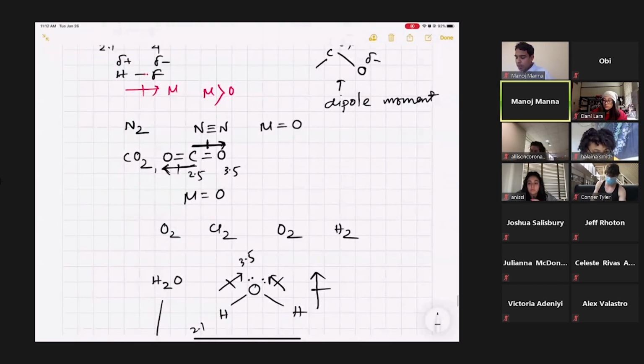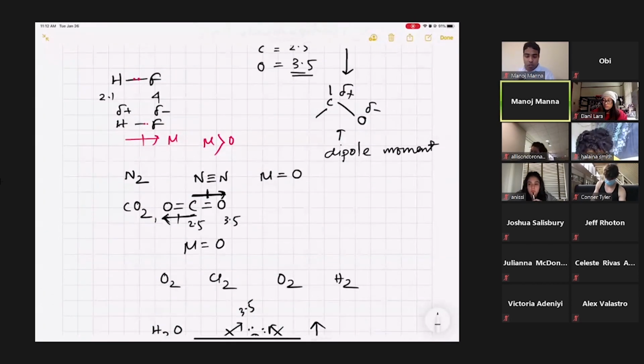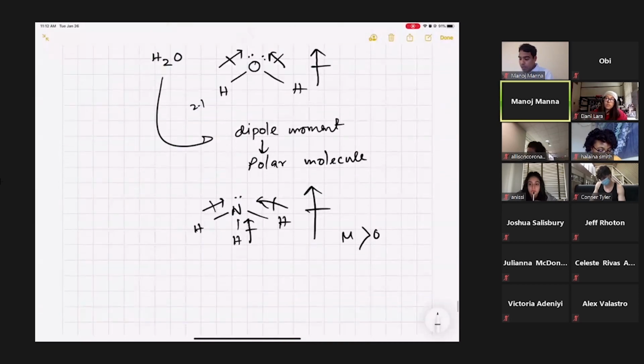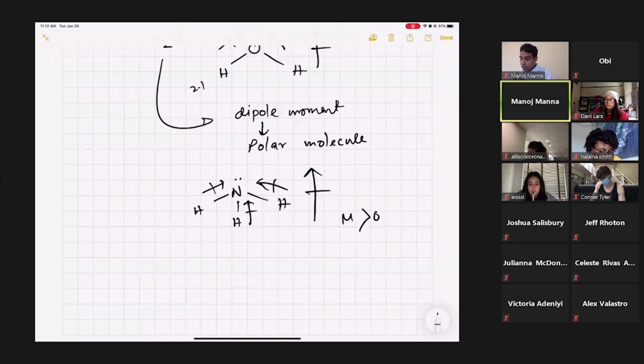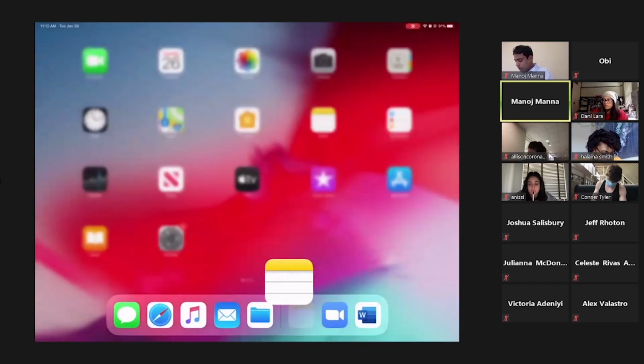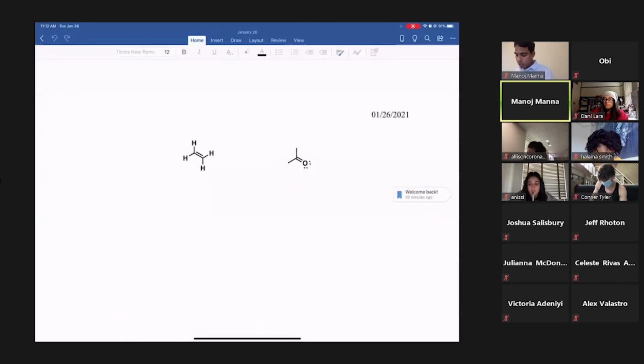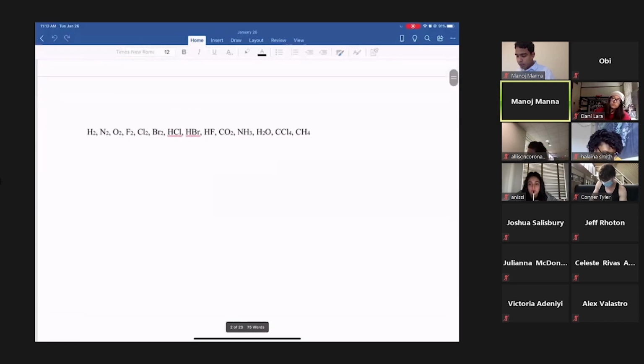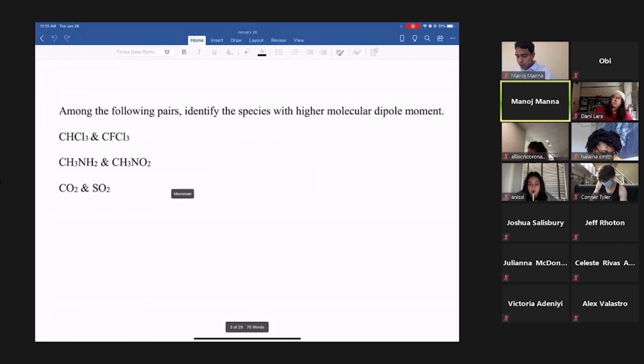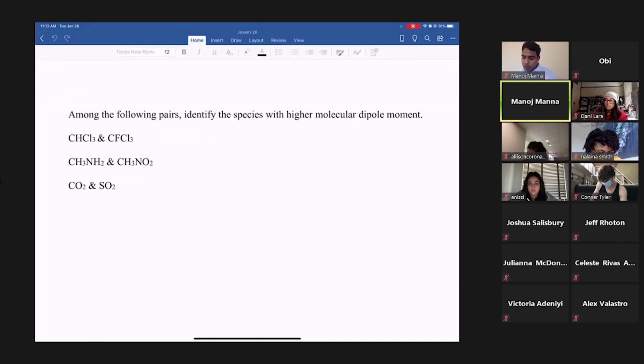This is the fundamental: based on a chemical bond, based on a covalent bond, there could be a charge separation depending on the electronegativity, and we can have a dipole moment. Okay, so if we understand this one, let's take an example. Between CHCl3 and CFCl3, which one will have higher dipole moment?